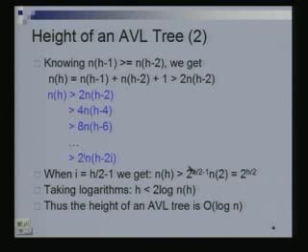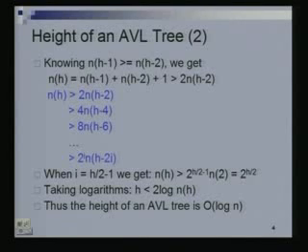Is there something you did not follow? Are you confused about this n of h? So this is what we argued after taking logarithms. Now let me take a tree of height h and n nodes. So n is going to be larger than n of h, because n of h is the minimum number of nodes that are possible in a tree of height h.